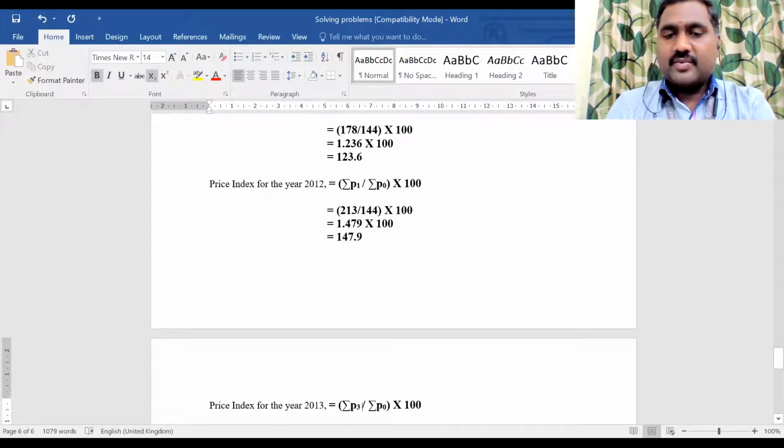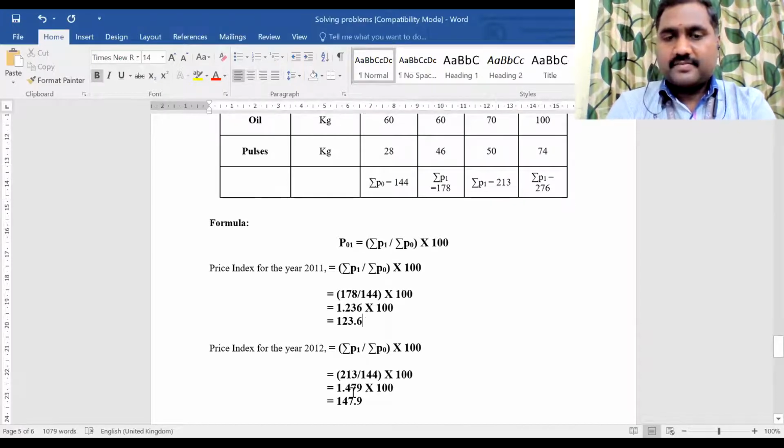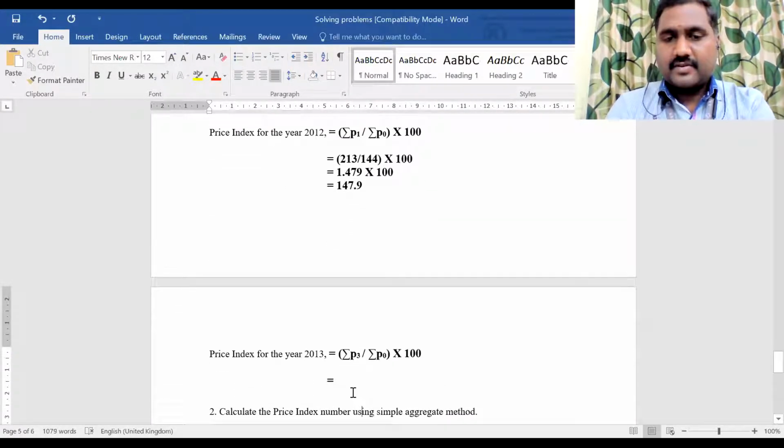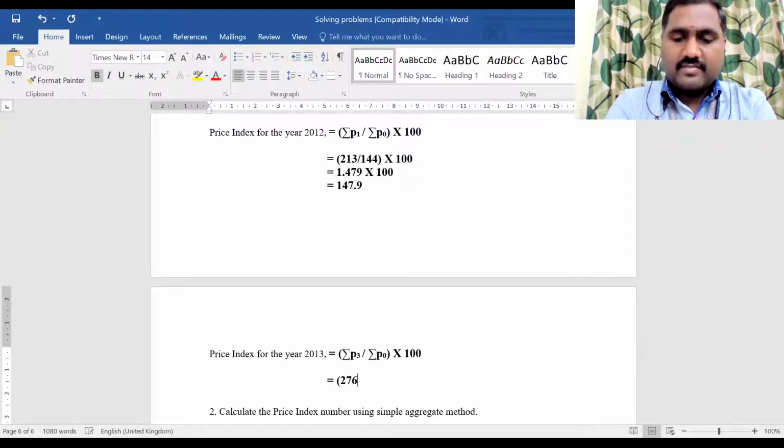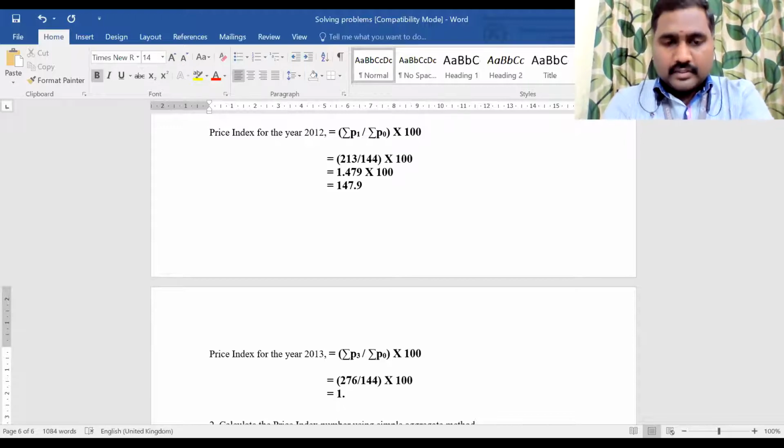And next, 2013. What is the 2013 price value? 276. So 276 divided by 144 into 100. What is 276 divided by 144? 1.916.